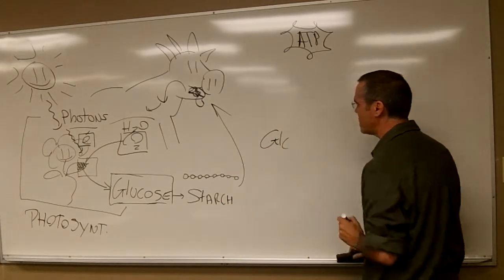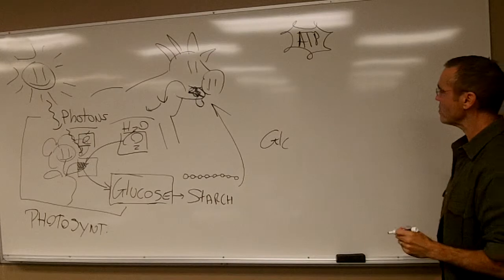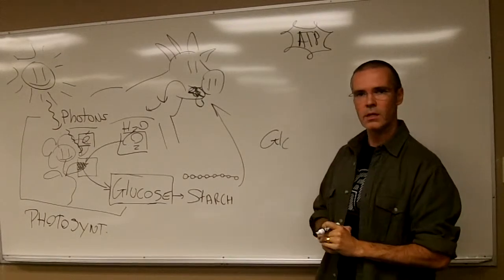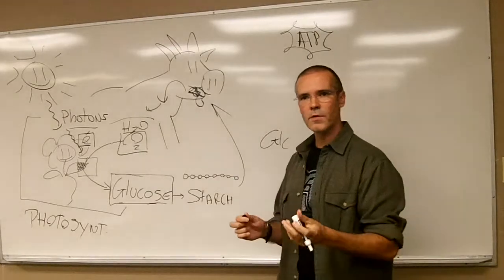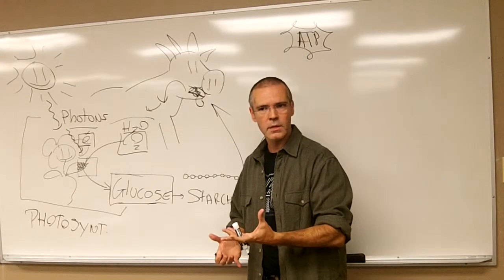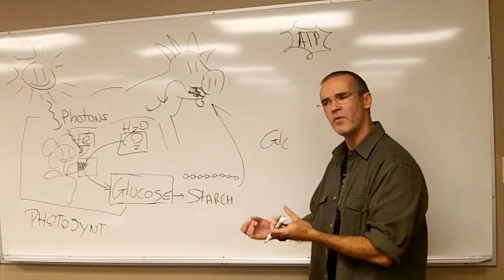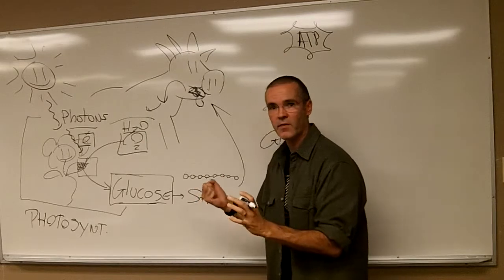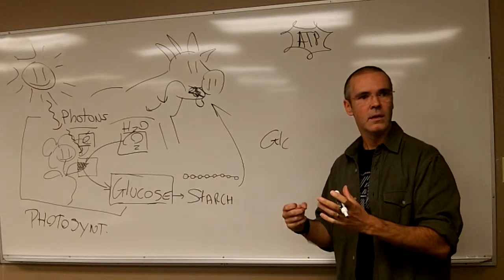Okay? So glucose has a lot of energy. But glucose, you can't light a fire with glucose, right? The energy is not the same type of energy. It's not like I have a match and it's hot, I can burn myself. It doesn't work like that.